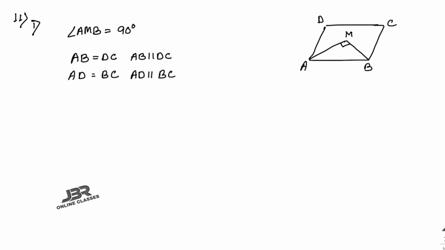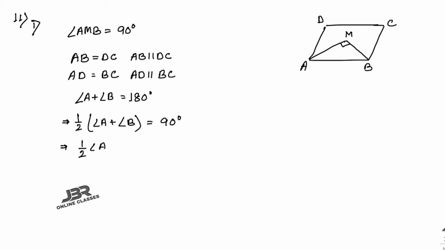Now, next, as AD and BC are parallel, you can write angle A plus angle B equals 180 degrees. So that means half of angle A plus angle B equals 90 degrees. If you multiply by half on both sides, half angle A plus half angle B equals 90 degrees.